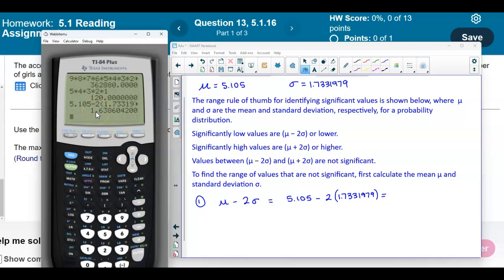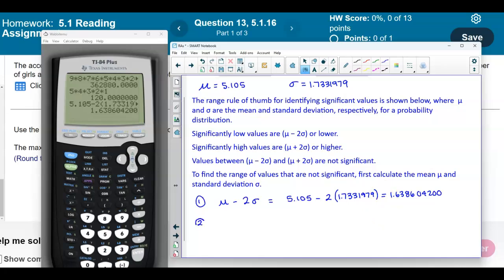We get 1.638604. Okay, and then let's do the second one.